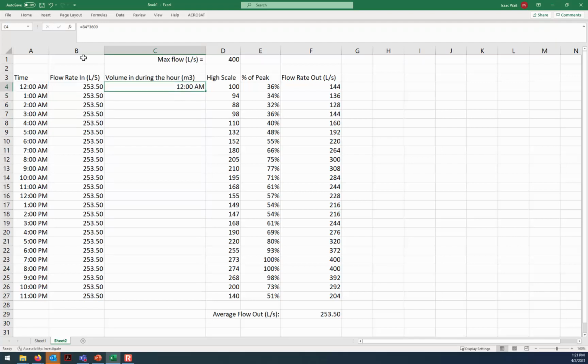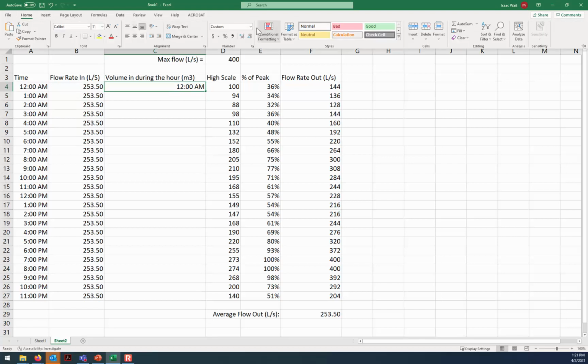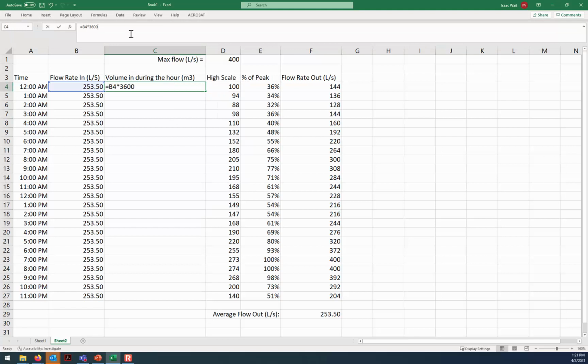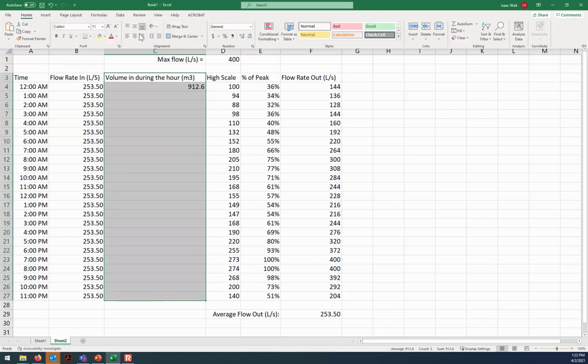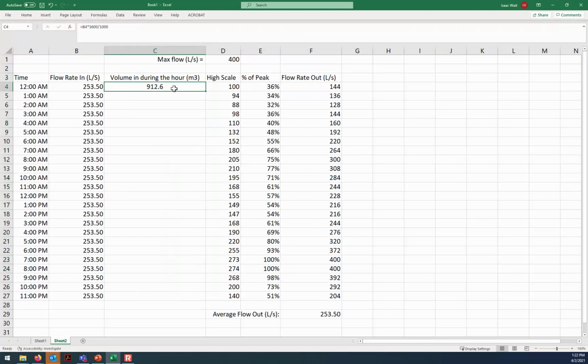So that formatted as time, which isn't great. This is liters per hour, but I want to divide by 1,000 to get cubic meters per hour. So if we have 253.5 liters per second for a 1 hour increment, then that means there's 912.6 cubic meters during the hour flowing into the tank.